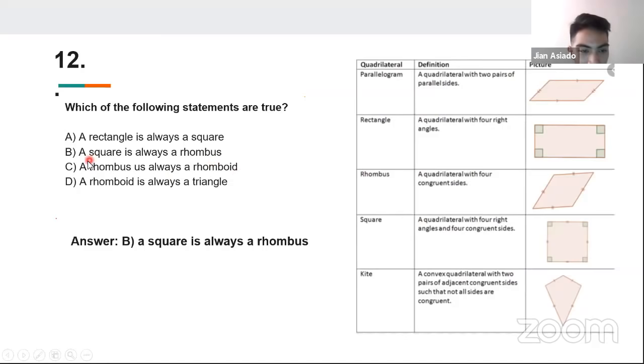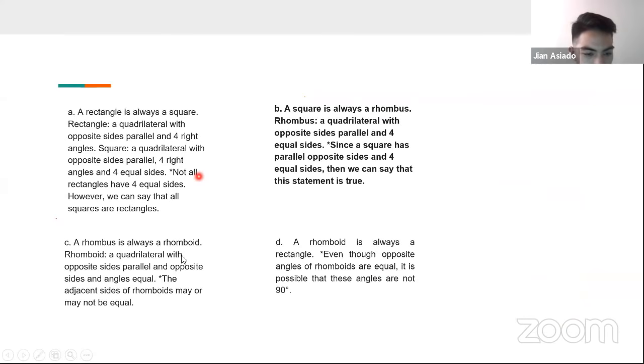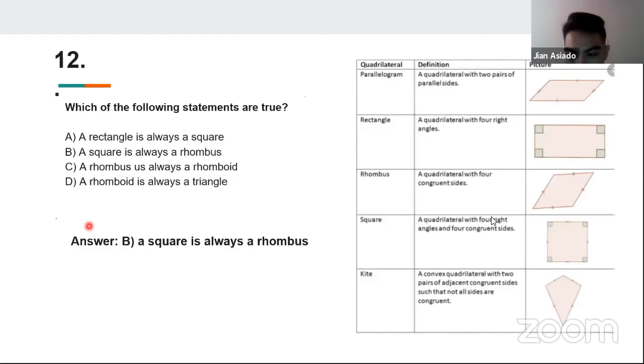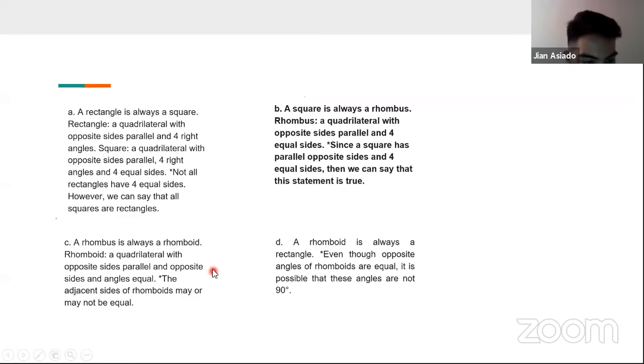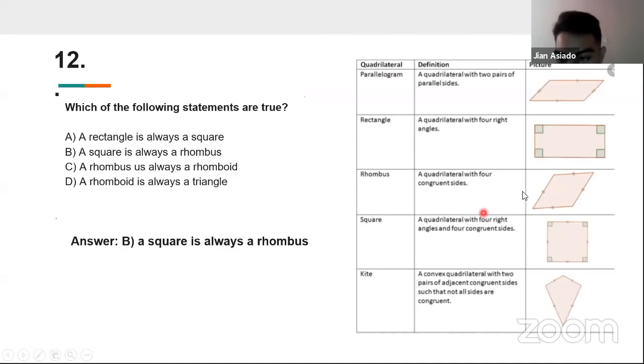Now si rhombus daw is always a rhomboid. Ano ba si rhomboid? Rhomboid is quadrilateral with opposite sides parallel, and opposite sides and angles equal.